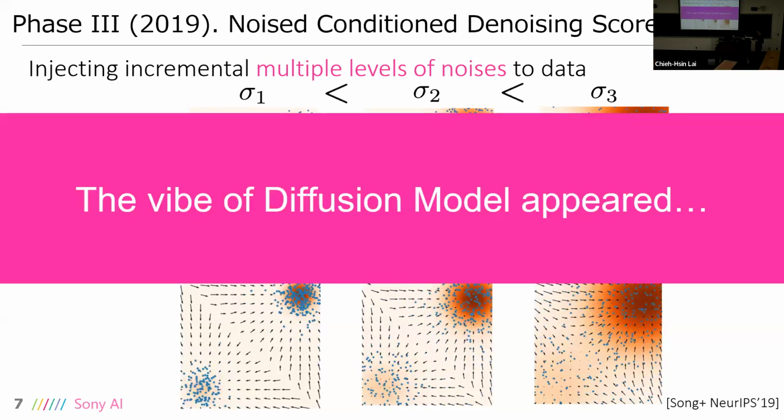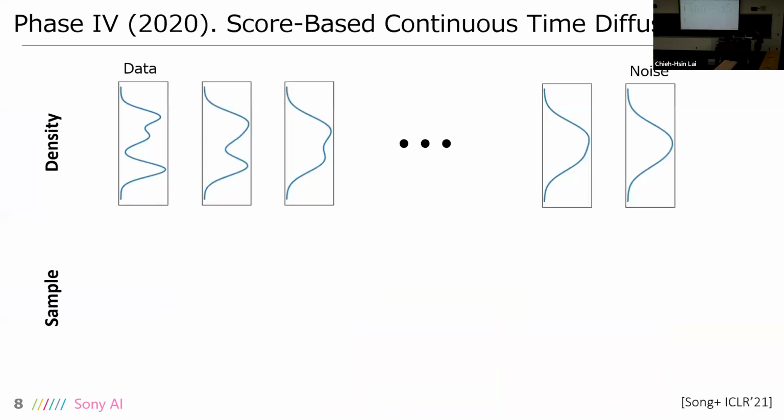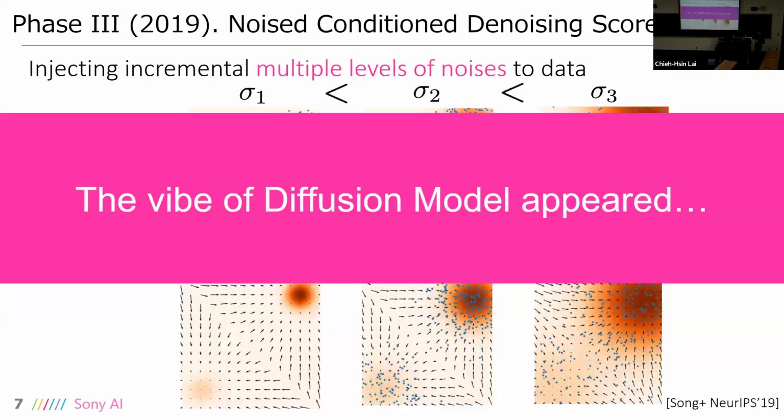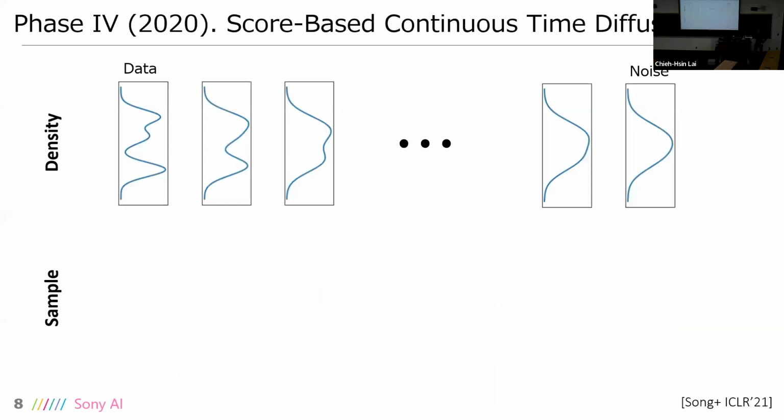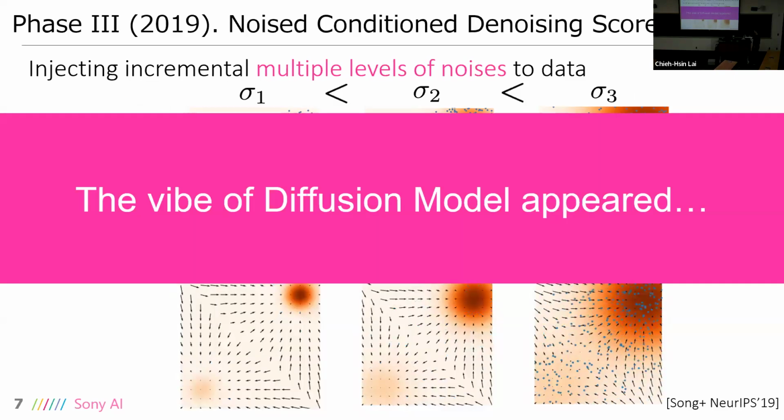So actually, the vibe of the diffusion model has appeared, right? To be more precise, here I introduced multiple levels of noise and inject them into your data distribution.